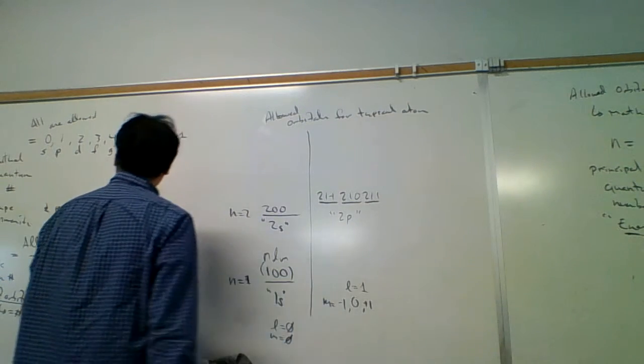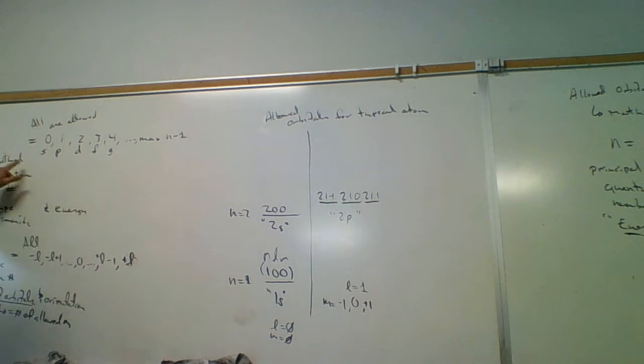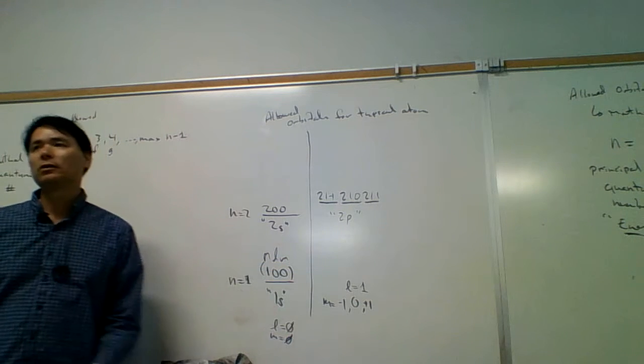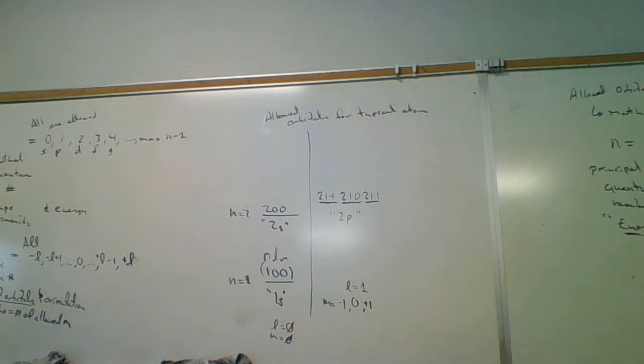Okay, and how about this? Can I have a 1p orbital? Is that allowed or forbidden? In other words, a 1p orbital would be a 1, 1.